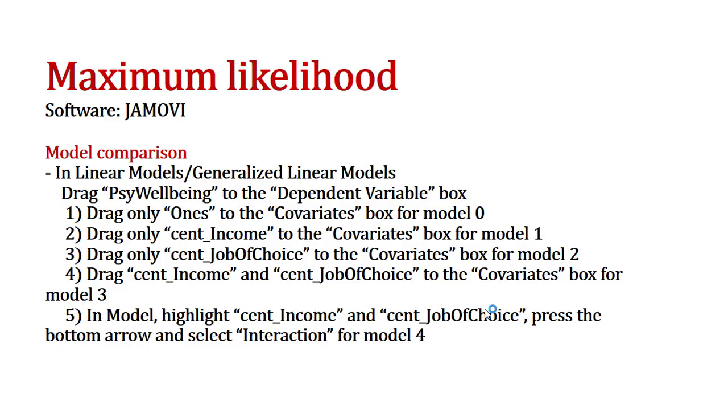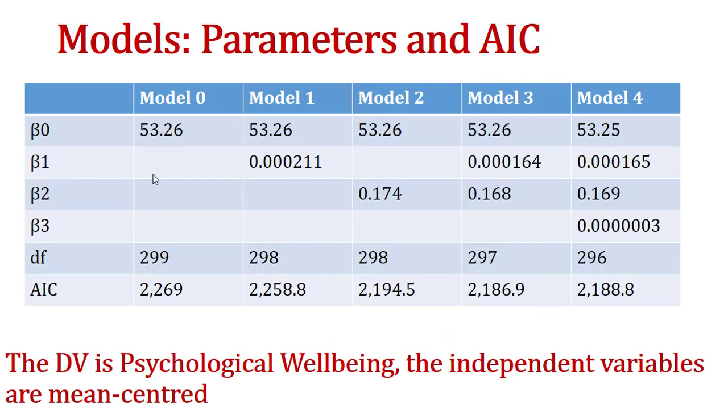So we've got model 0, model 1, model 2, model 3, model 4, so 5 models. Model 0 is a model in which there are no effects of the independent variables on psychological well-being. In model 1, only income affects psychological well-being. In model 2, only job of choice affects psychological well-being.